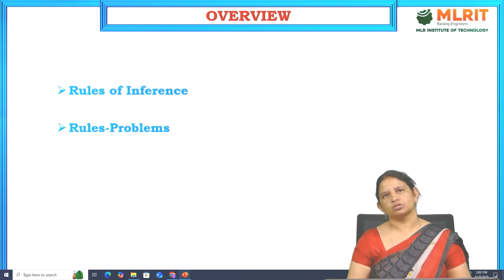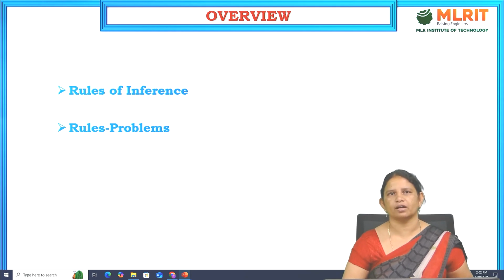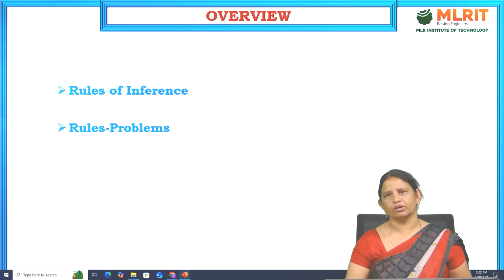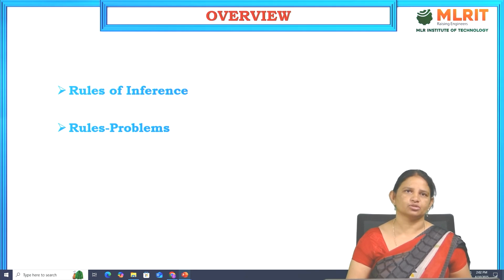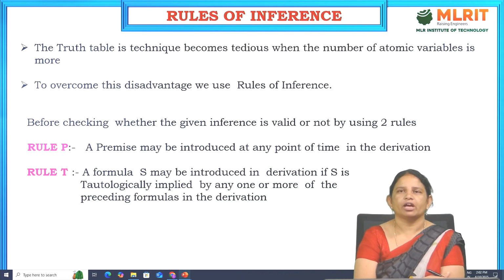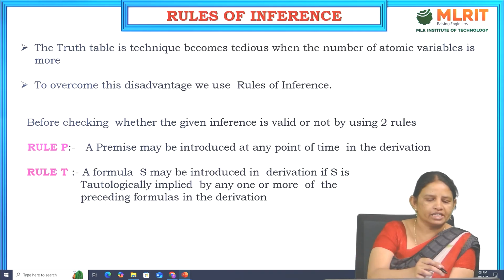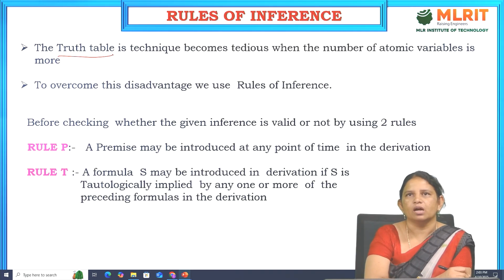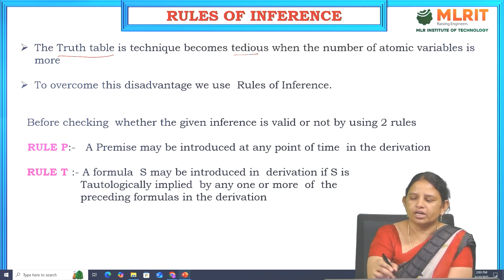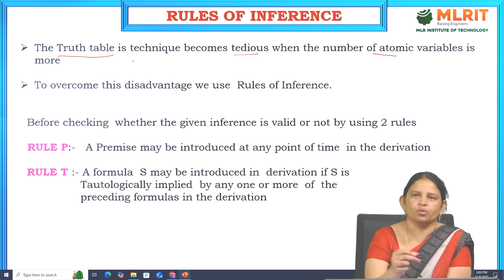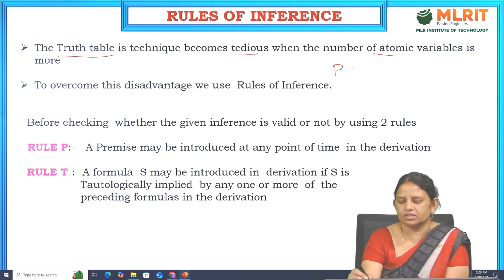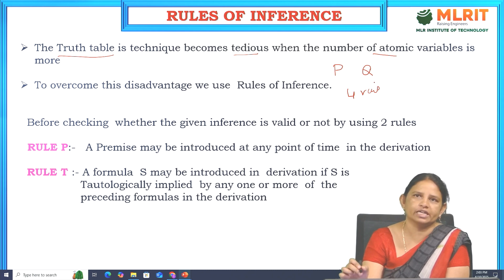So, what are the rules of inference? What is the list of rules? And we are taking some examples to understand whether the conclusion is a valid inference or not. We already discussed the truth table. What is the problem with the truth table? The truth table is very difficult if the number of variables is large. Suppose there are two statements in the proposition, by using 4 rows, we can easily say whether it is valid or invalid.